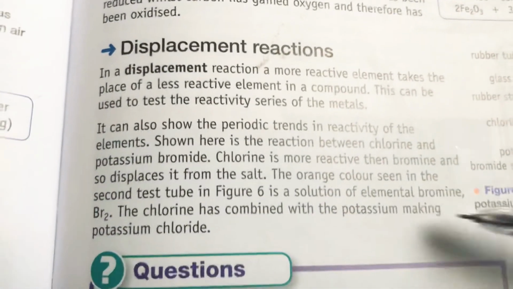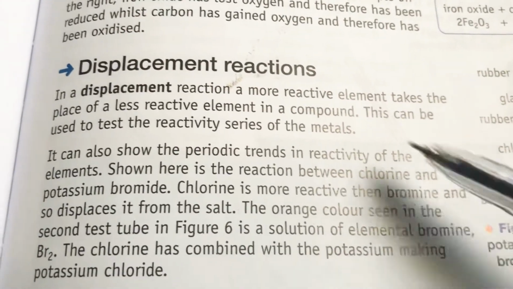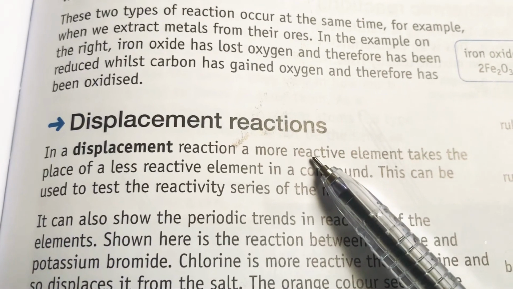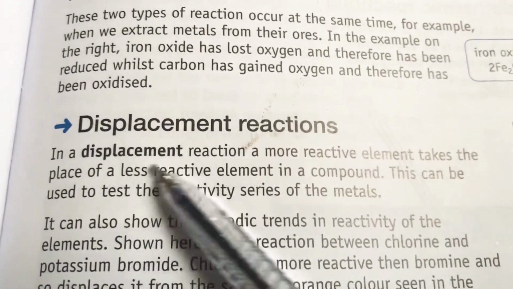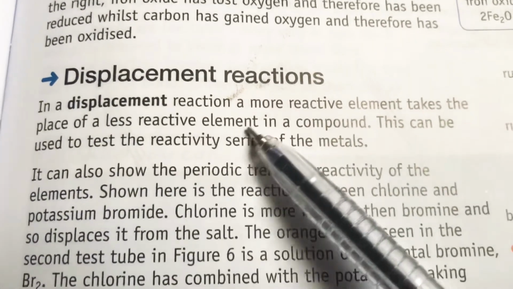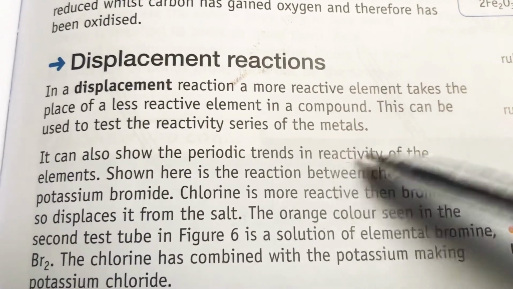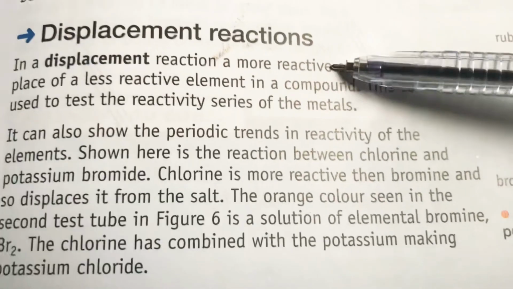So the final reaction, which I've touched upon already, is the displacement reaction. Displacement reactions are something that we covered when we were doing the reactivity series of metals. So just a quick reminder: in a displacement reaction, a more reactive element takes the place of a less reactive element in a compound. This can be used to test the reactivity series of the metals, and we covered this for several weeks earlier this year.